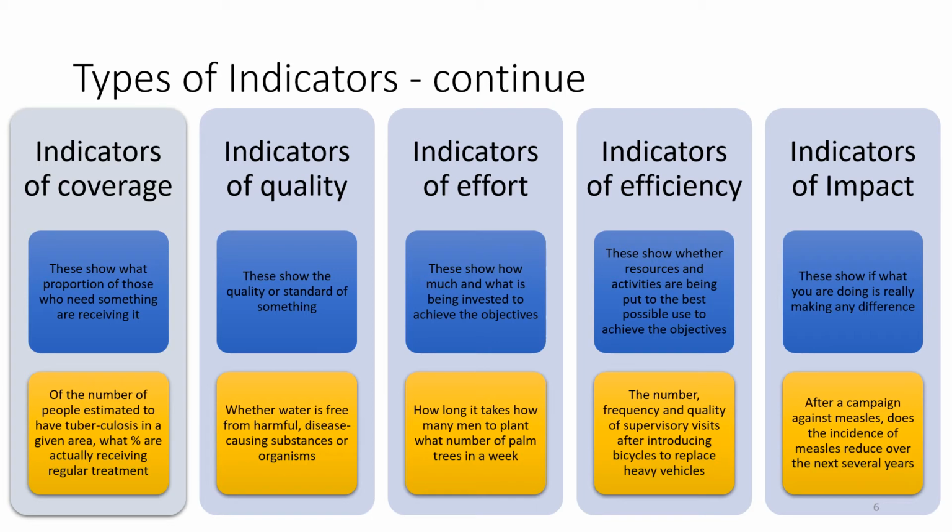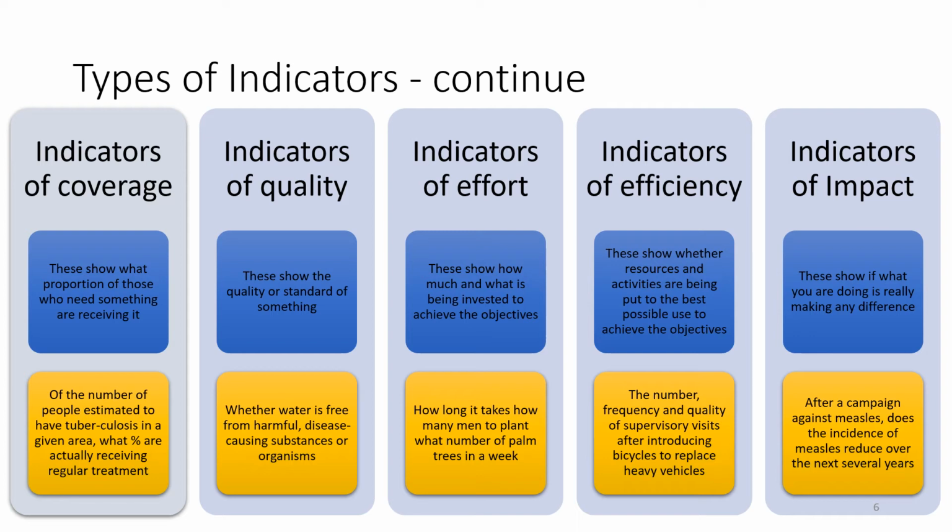An indicator of efficiency then does exactly that. These show whether resources and activities that are being put into the best possible objectives are achieving what we wanted to achieve. And then the impact is what has changed after we've done all of these things. Have we seen a reduction in poverty, if that was the impact that we were going for?